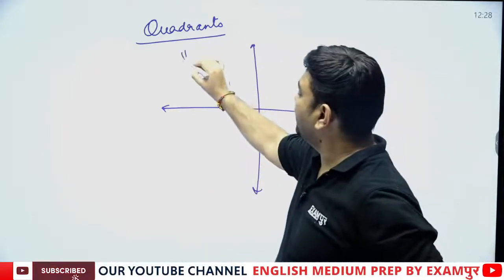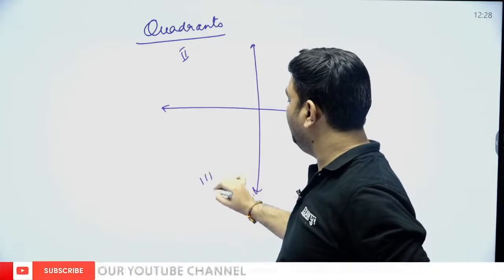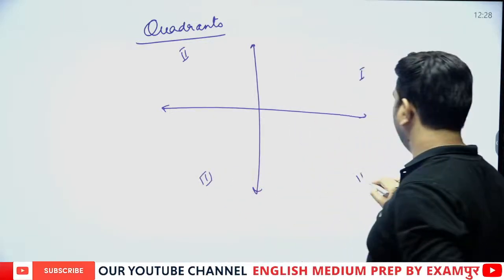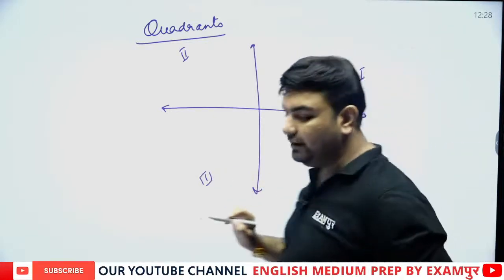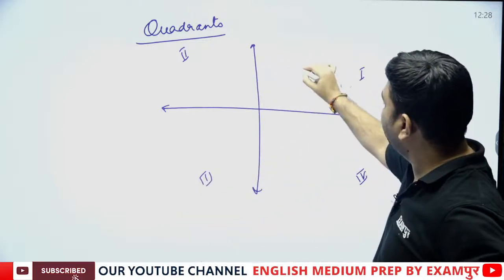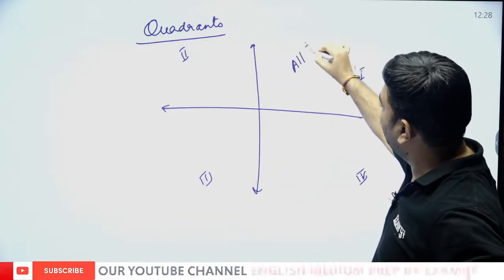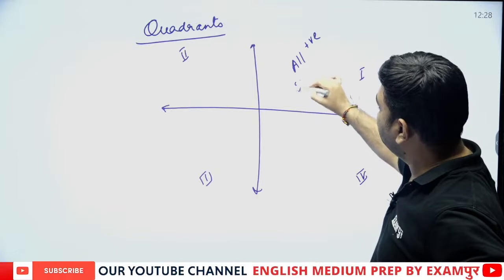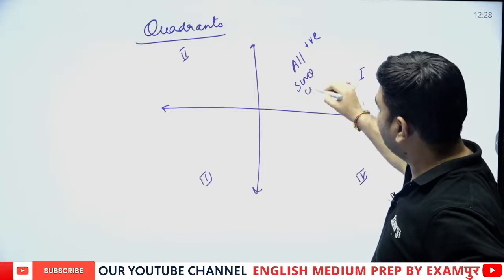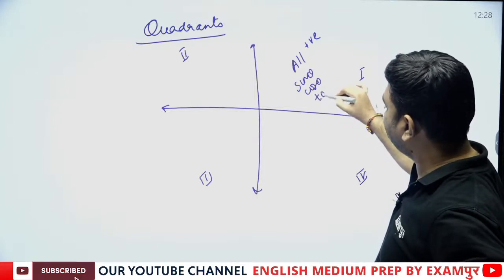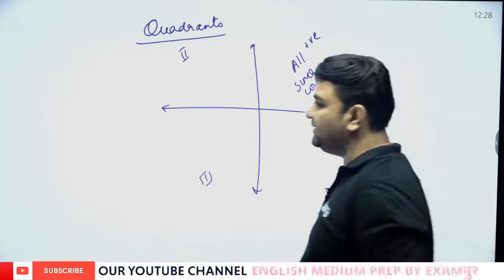This is called the second quadrant. This is called the third quadrant. And this is called the fourth quadrant. In the first quadrant, all are positive. All means sine, cos, tan, and their inverses as well.